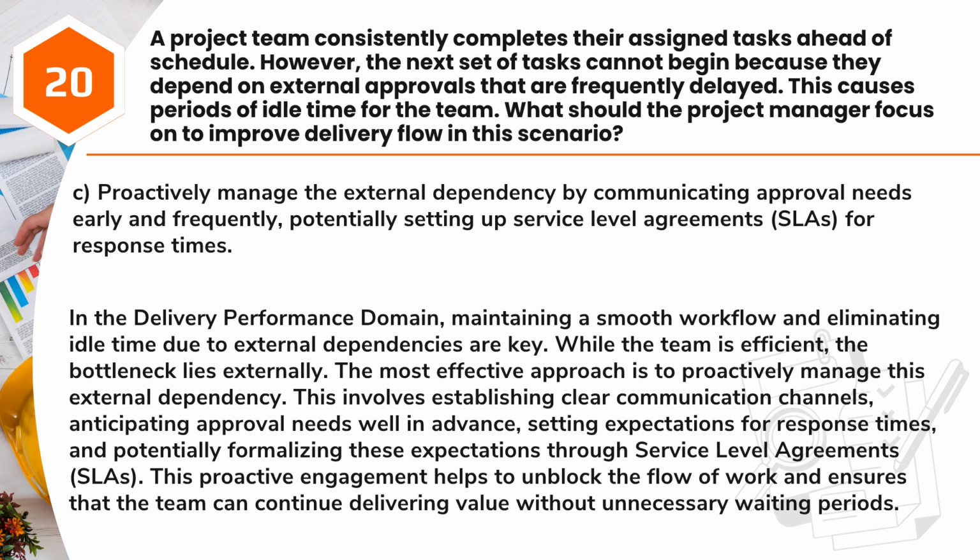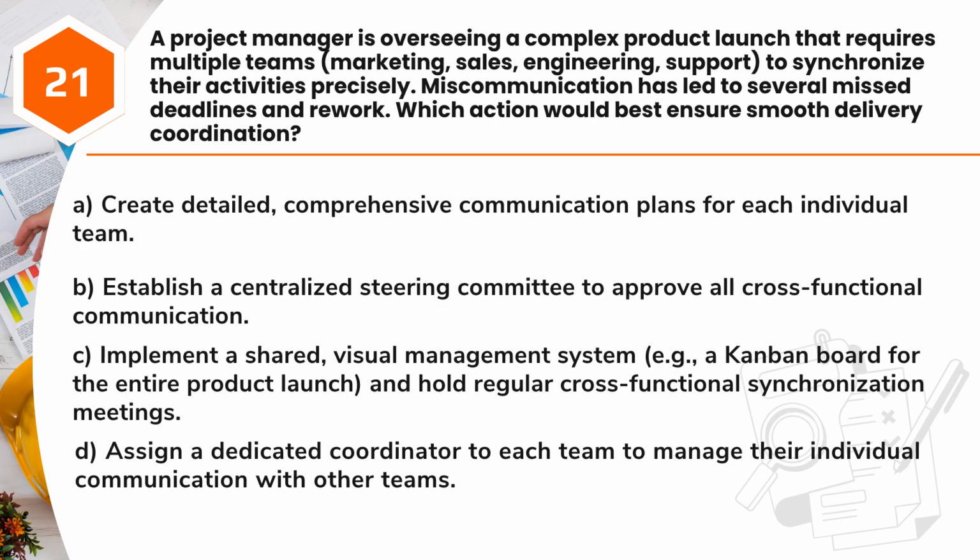This involves establishing clear communication channels, anticipating approval needs well in advance, setting expectations for response times, and potentially formalizing these expectations through service-level agreements, SLAs. This proactive engagement helps to unblock the flow of work and ensures that the team can continue delivering value without unnecessary waiting periods.